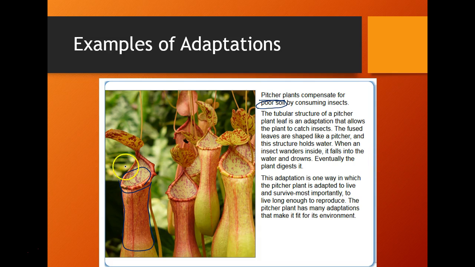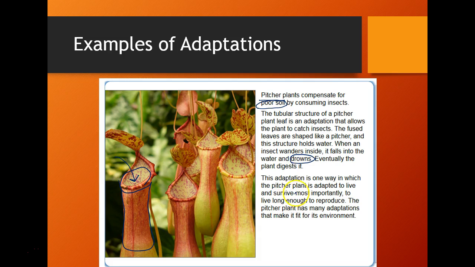And this structure is an adaptation that allows the pitcher plant to collect water and to attract insects into its tube. Because the insect wanders inside, it eventually will drown in the water.